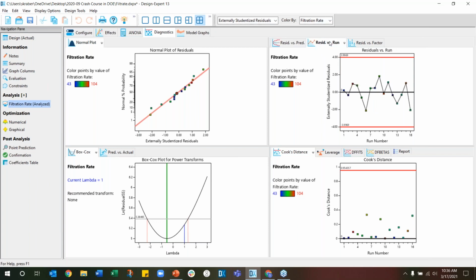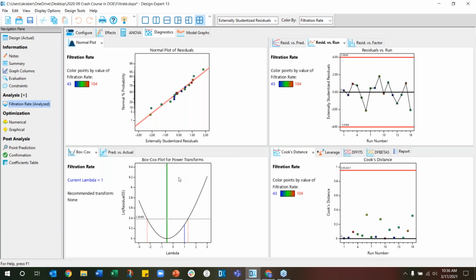And the residuals versus run also should show no trends, just random scatter. No points outside these red lines. You can look for outliers here, and we don't have any outliers. This is great.